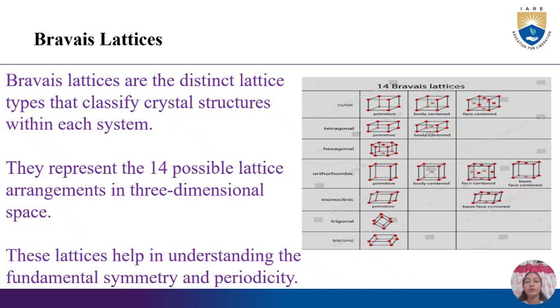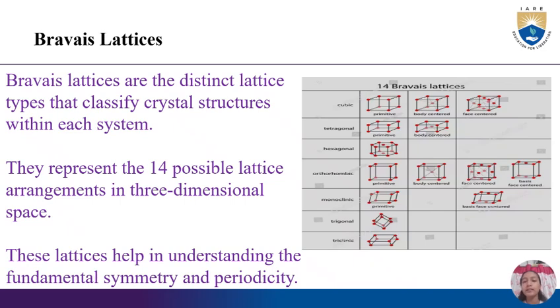Here you can see in the picture there are 14 Bravais lattices in which cubic, tetragonal, hexagonal, orthorhombic, monoclinic, trigonal and triclinic are there. Coming to the structures, cubic has primitive, body-centered and face-centered structure.